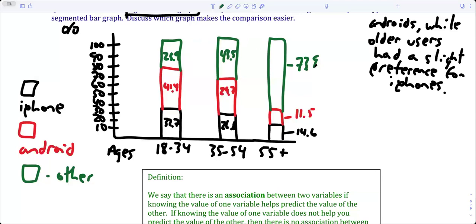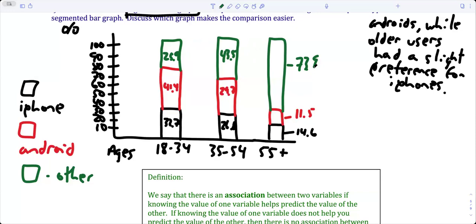And so the question is, discuss which graph makes the comparison easier. And I think the answer to that is it depends on what you're looking at or what you are comparing. So the segmented bar graph has some advantages, right? Looking at the total of 100% there, but then also the side-by-side bar graph also has some advantages if you're trying to compare the categories quickly.